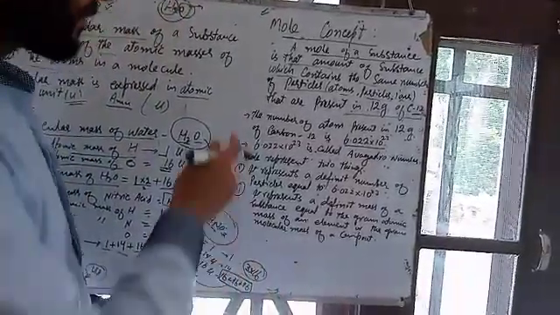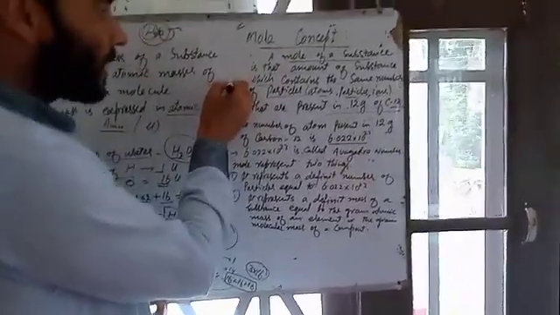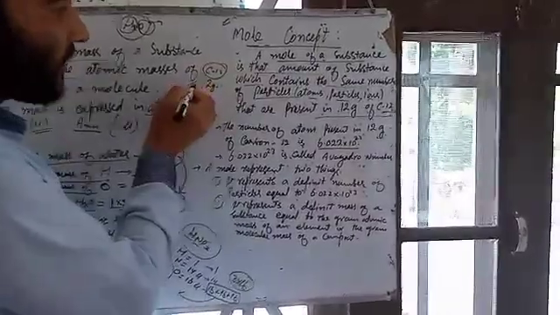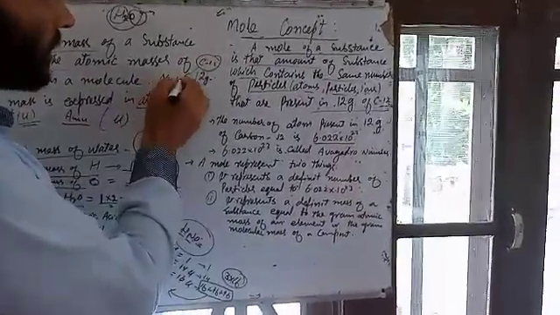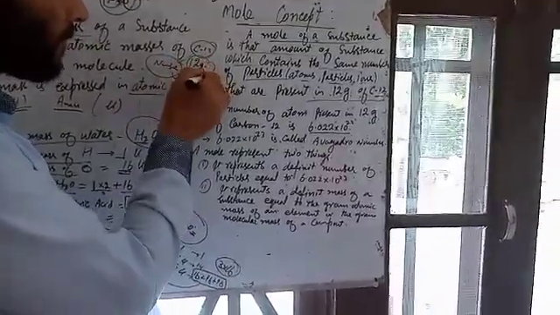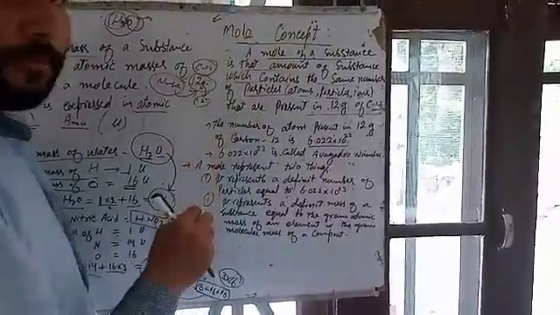That means how many atoms are present in 12 grams of carbon 12, and the number of particles in 12 grams of carbon 12 is known as 1 mole.